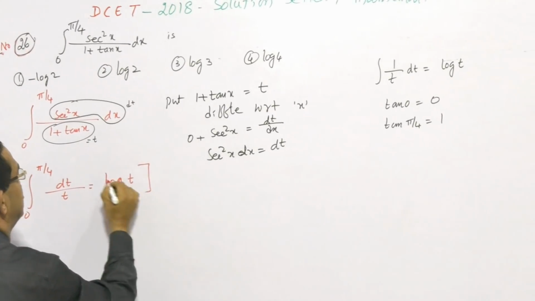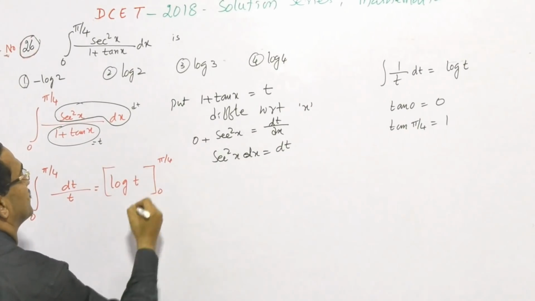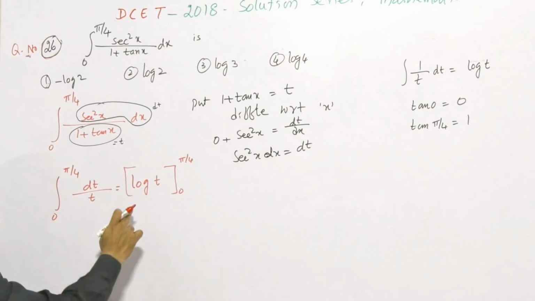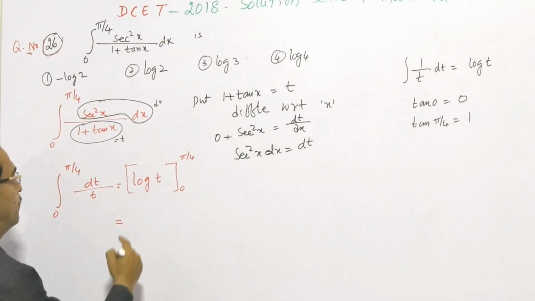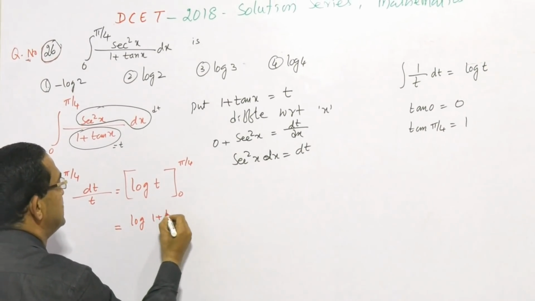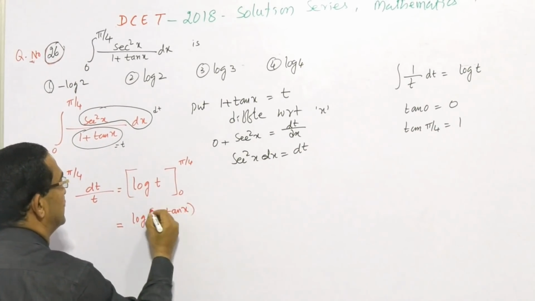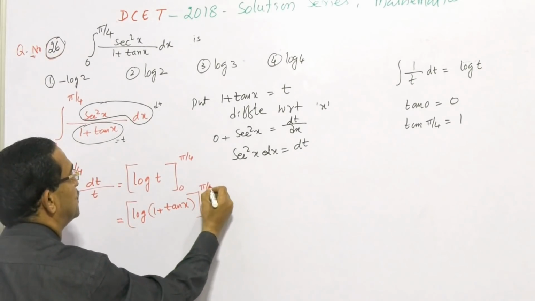So while integrating this, what we are going to get is log t between the limits 0 to pi by 4. Is it not? So now this is equal to, but what is t we have taken, that is logarithm of 1 plus tan x, between the limits 0 to pi by 4.